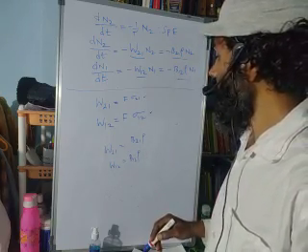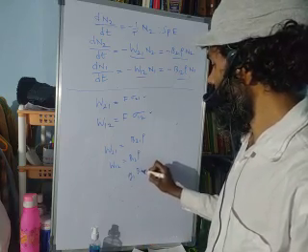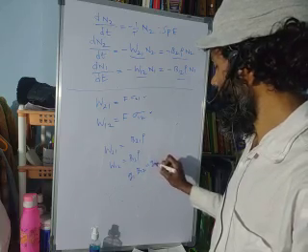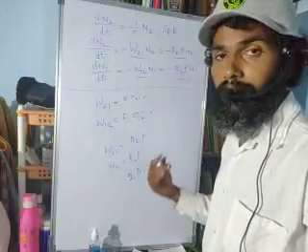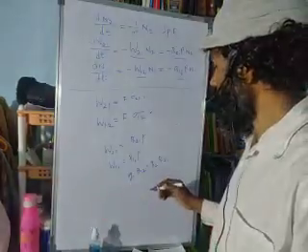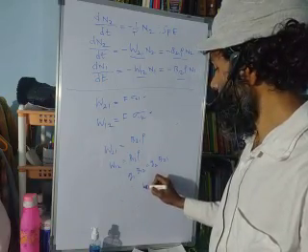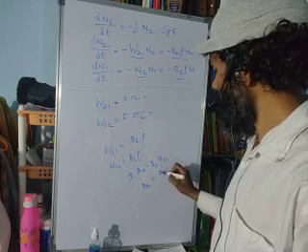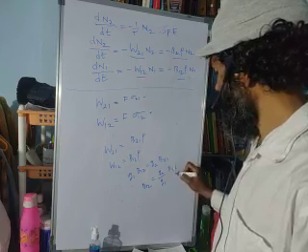But we had this condition, that is G1 into B12 is equal to G2 into B21. That is from Einstein's relationship between B12 and B21. So if you write B12, this should be equal to G2 by G1 into B21.